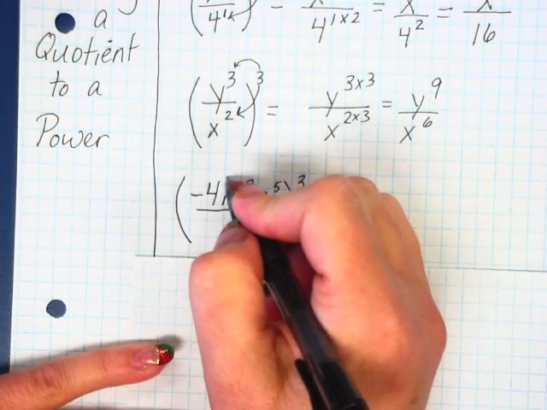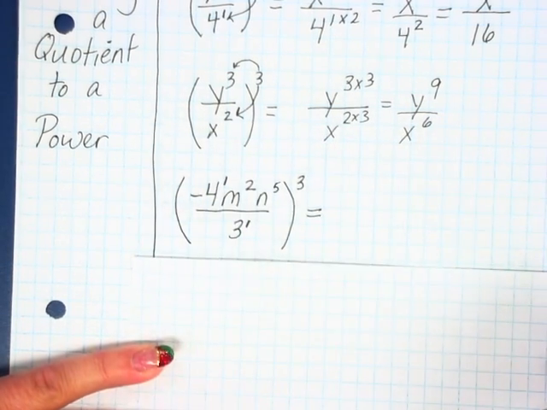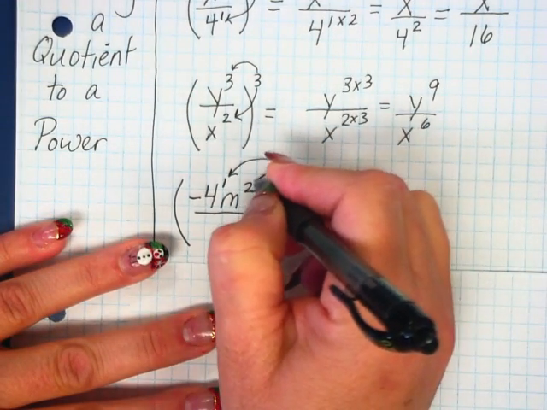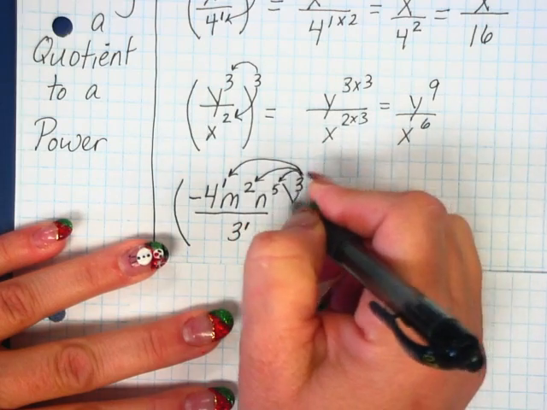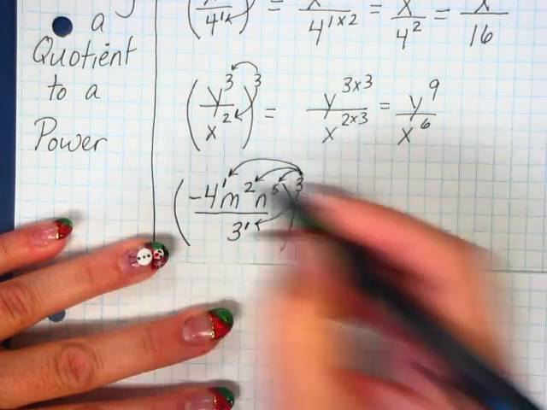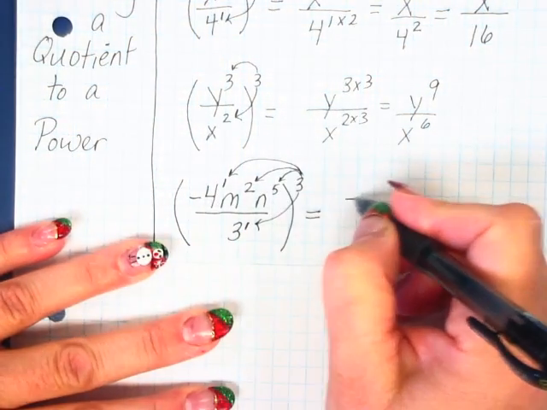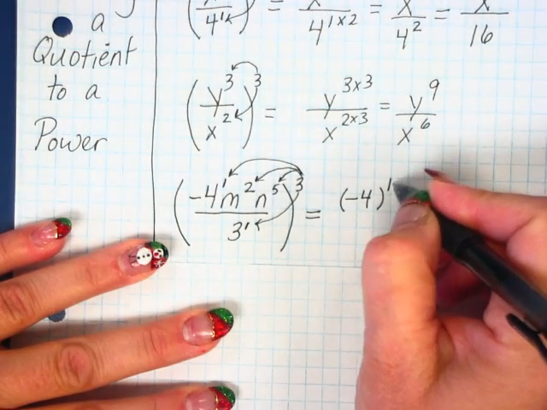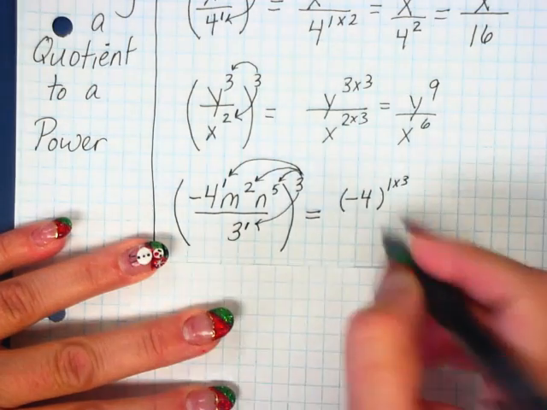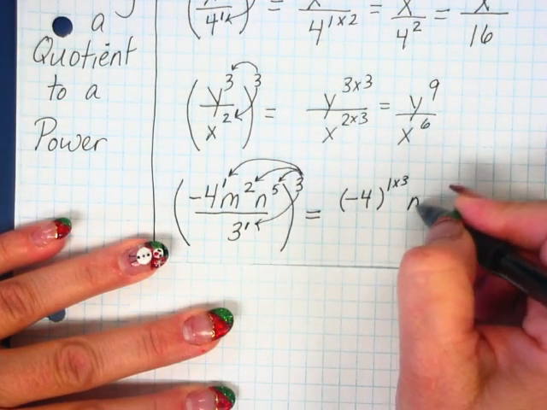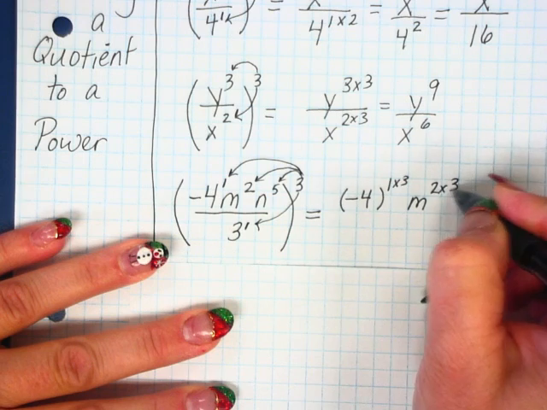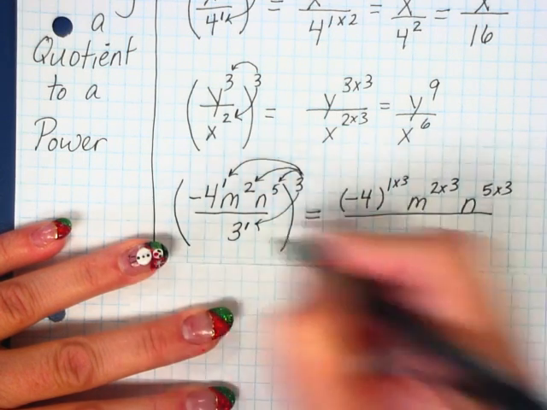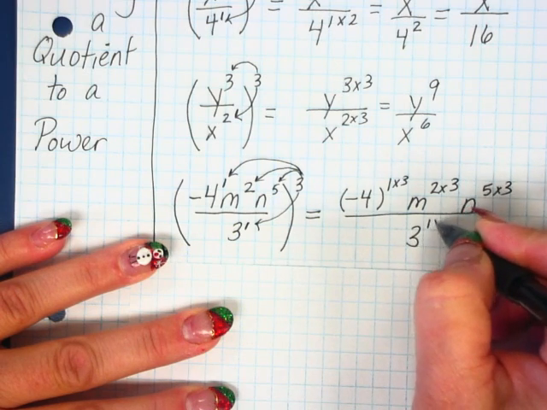So remember, there's that one exponent, even though we don't see it, distributing that 3 to the 4, to the 2, to the 5, and to the 3. This is a negative 4, and what you should be doing is making it 1 times 3 inside the parentheses, m to the 2 times 3, n to the 5 times 3, and then 3 to the 1 times 3.